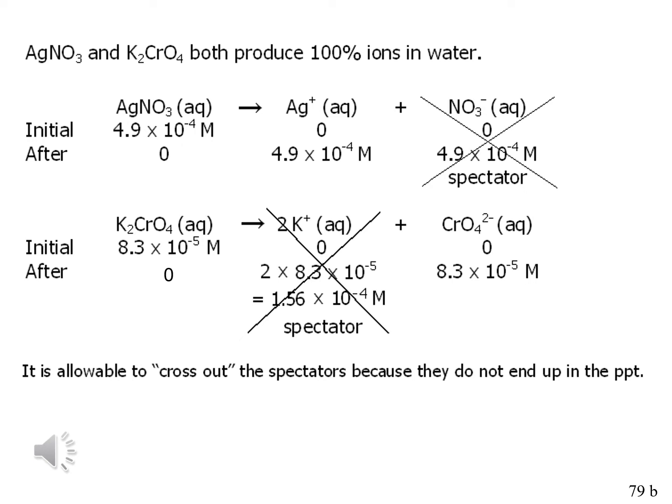In our problems, it's always going to be allowable to do that. The only time when you wouldn't be able to do that is if you had a spectator that did not have a charge of 1, because you would be crossing down something other than a 1 on the opposite ion. But if you think about it, what are the positive spectators? They are the group 1 ions and ammonium. All those are +1. And what are the negative spectators?